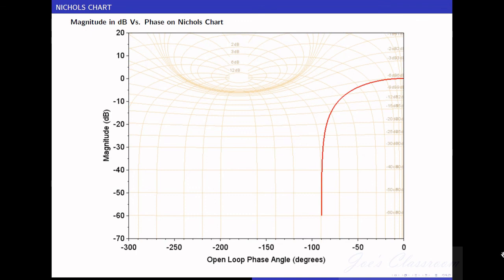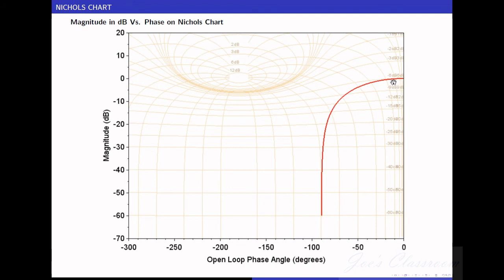This is the plot corresponding to the system we took, a first order system with the transfer function 1 by s plus 1. At a frequency of 0, the magnitude was 1, and when converted to decibels, the magnitude is 0. So this is the point, and the angle is 0.